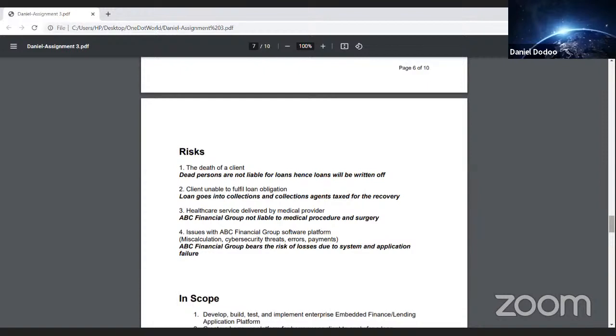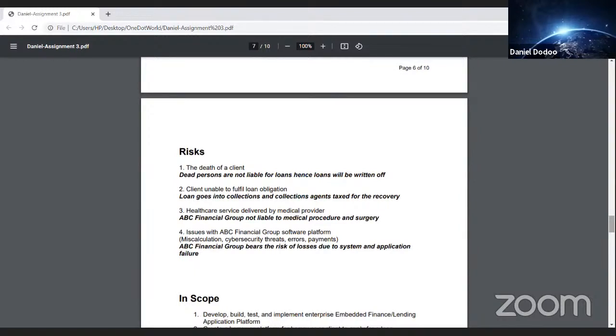We are looking to check everything that is likely to fail in our system, and we are looking to find a proper response for that. So with that, ABC Financial Group is not liable for medical procedures and surgery.